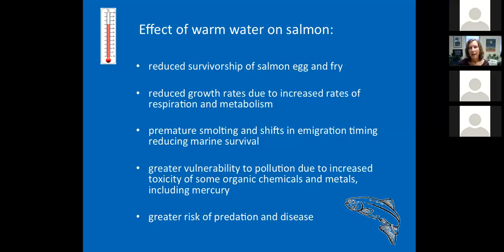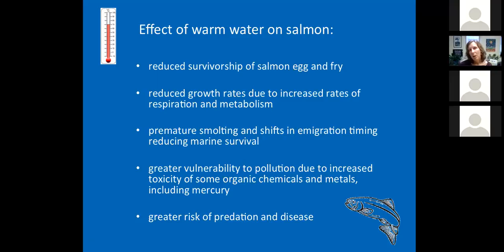Once they start to have warmer conditions, they feel a lot more physiological stress, and they tend to have lower growth rates, and they have to exert more energy to breathe and to metabolize their food. Changes in temperature can affect the timing of when they leave the river, and that may affect when they are interacting with the food that they want to eat in the marine system.